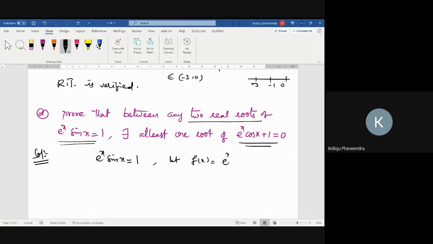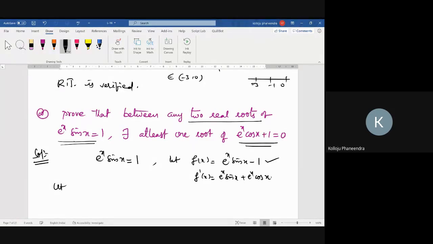Obviously one will take f of x as e power x sin x minus 1. Then what is f dash x? This is the UV method: e power x sin x plus e power x cos x. And obviously this function is continuous everywhere and differentiable everywhere.